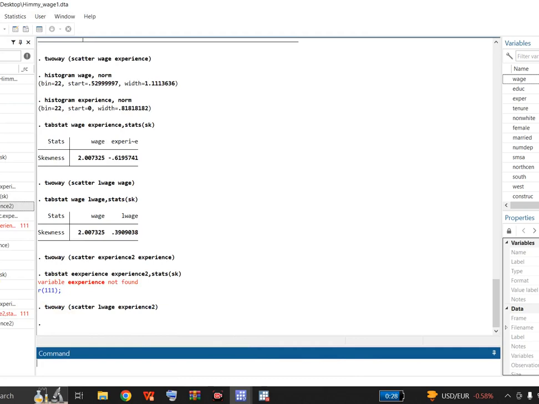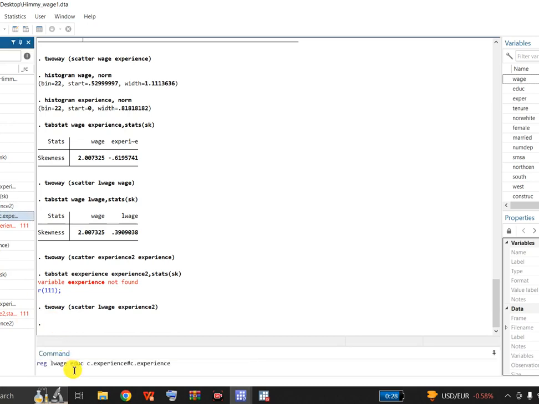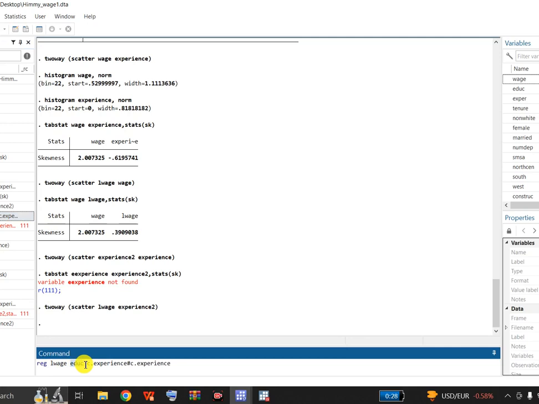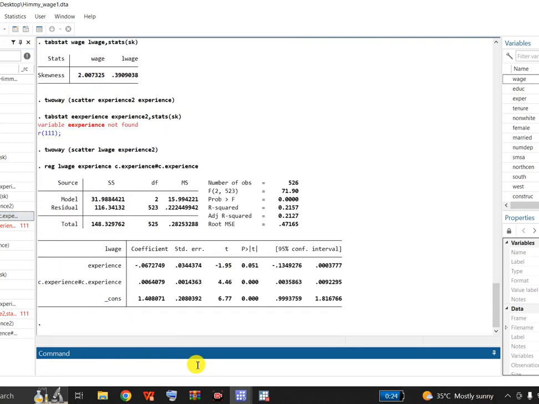So after this, I would like to run another regression in which I regress log of wage on experience and experience squared.